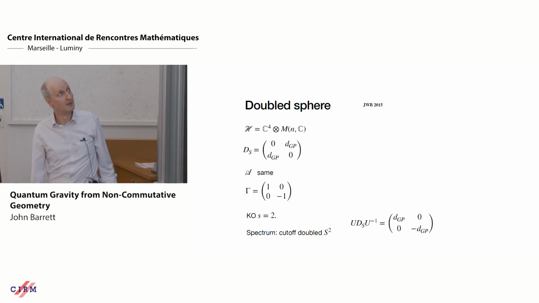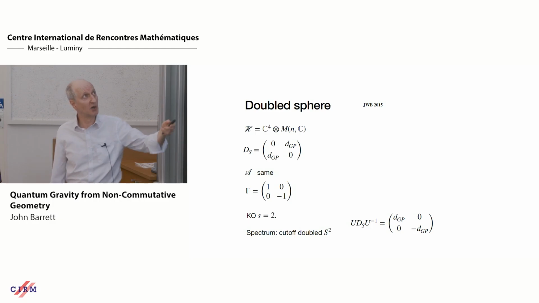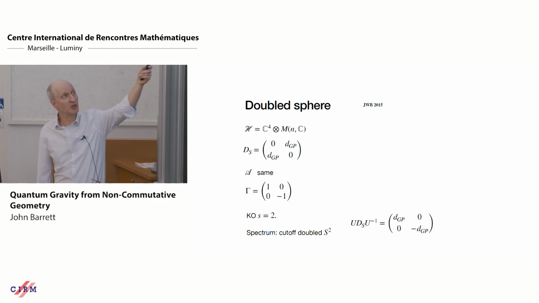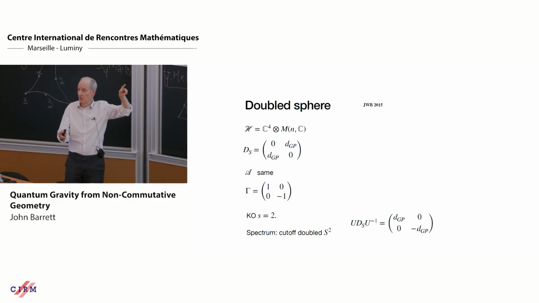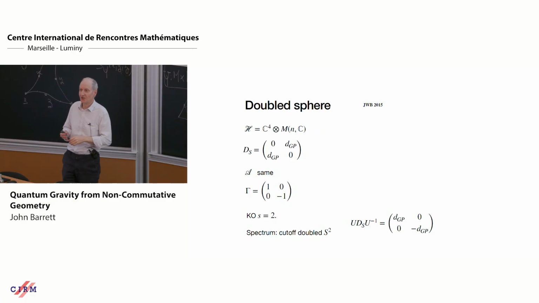So this now respects the chirality operator, gamma here, which means the first two components are the left-handed spinors and the second two components are the right-handed spinors. And you see that ds anti-commutes with that, which is, hooray, what you want for an even real spectral triple. And so the KO dimension is now 2. And we've restored, hooray, we've done it.